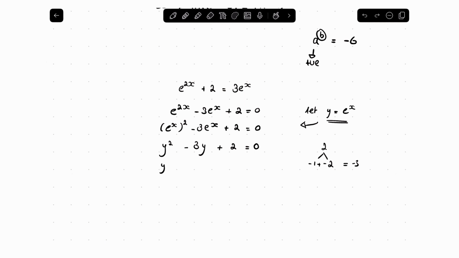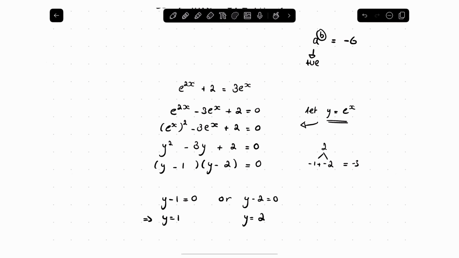Then we have y minus 1 times y minus 2 equals 0. Now, one of these has to equal 0, so either y minus 1 equals 0, which means y equals 1, or y minus 2 equals 0, which means y equals 2.